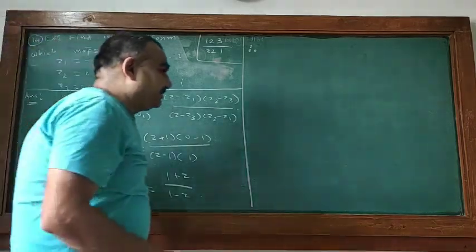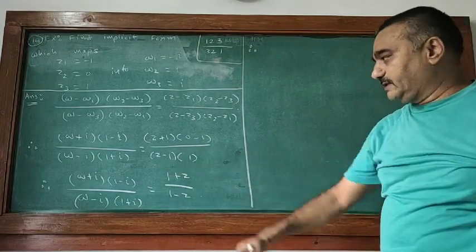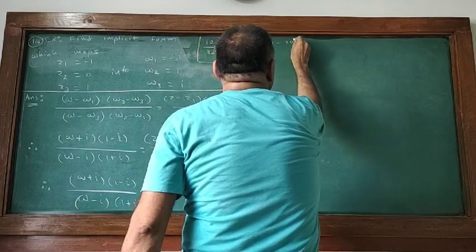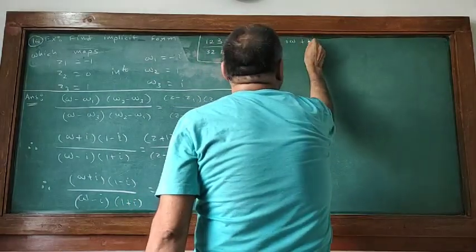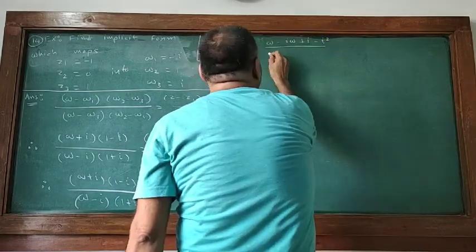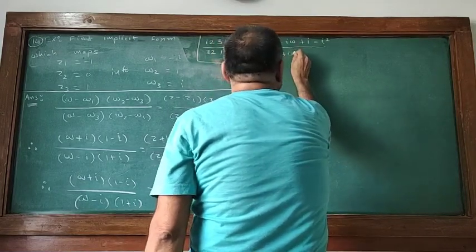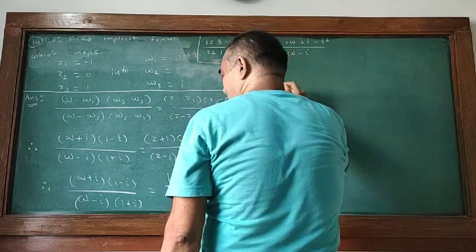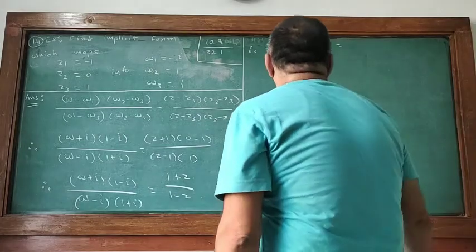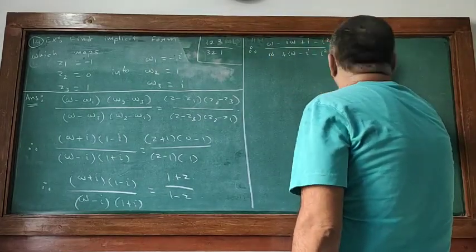Now what we are using right now is componendo and dividendo. First we simplify this term. So it is omega minus I omega plus I minus I square upon omega plus I omega minus I minus I square, which is equal to (1 plus z) upon (1 minus z).